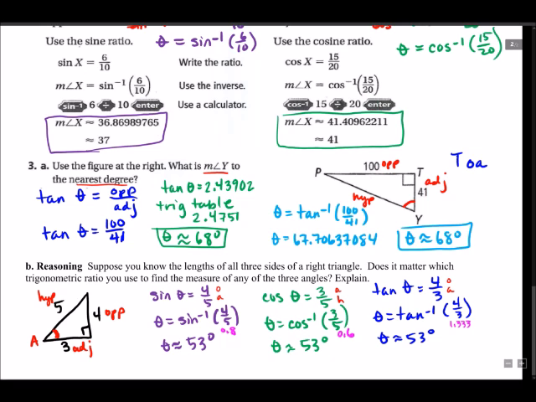Cosine, adjacent over hypotenuse, about 53 degrees. Tangent, opposite over adjacent, about 53 degrees. Let's go take a look at our trig table and look at sine 0.8, cosine 0.6, and tangent 1.333. See you at the trig table.